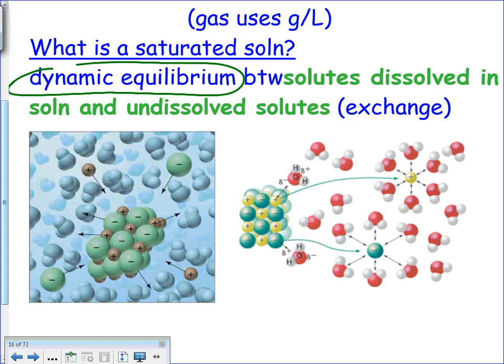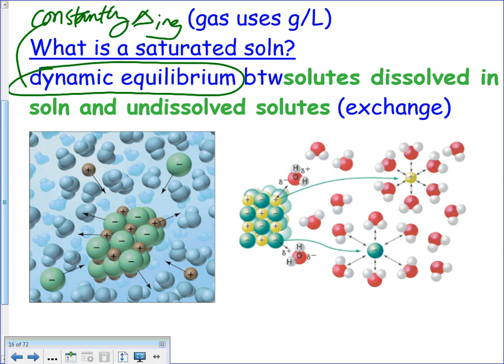It's another term that we need to be familiar with so that we can describe how solutions continue to dissolve. And they go back and forth, back and forth, back and forth. So dynamic means constantly changing. Changing is delta A, kind of thing.